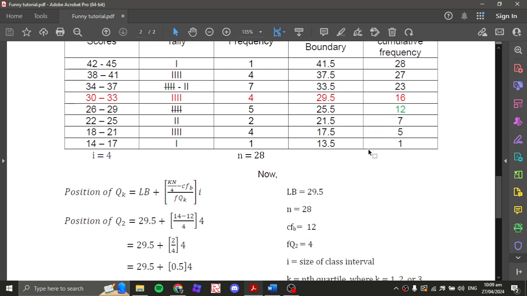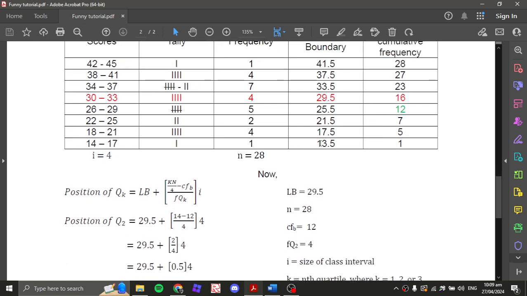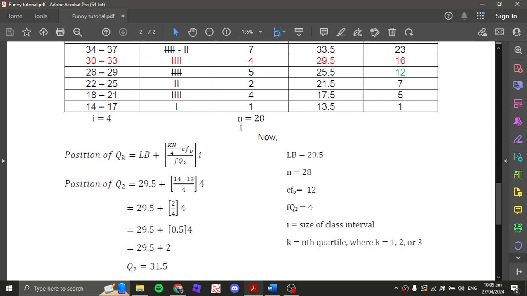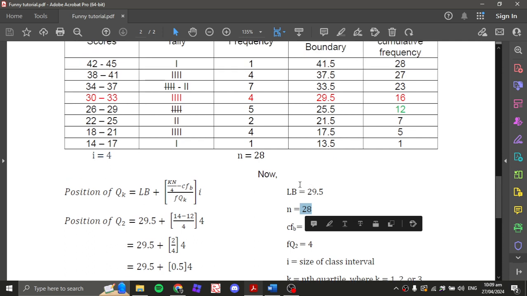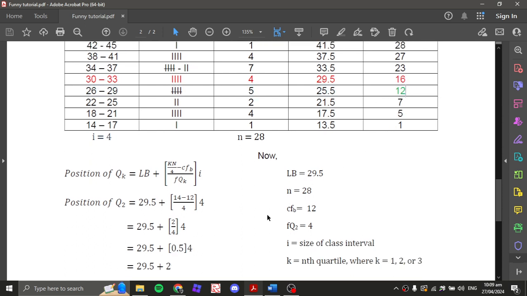Now we will solve for the position of the second quartile. The lower boundary is 29.5. The total frequency is 28. The cumulative frequency before the class is 12, because yes, this is the class, and what's before this class is here, and what's being found is the cumulative frequency, which is 12.